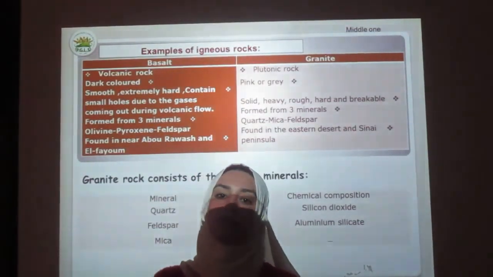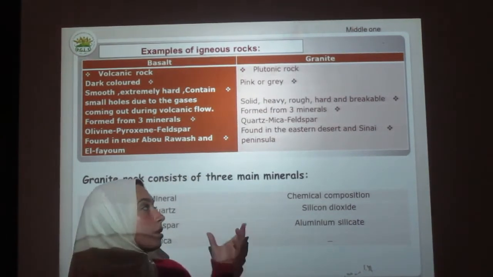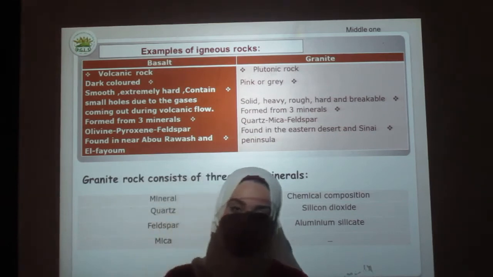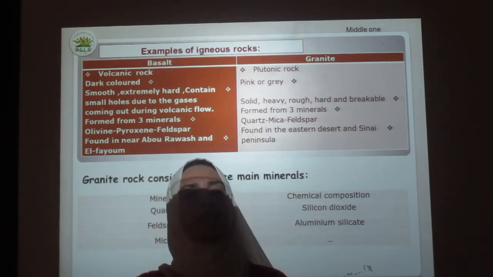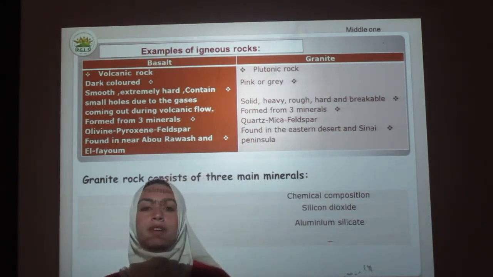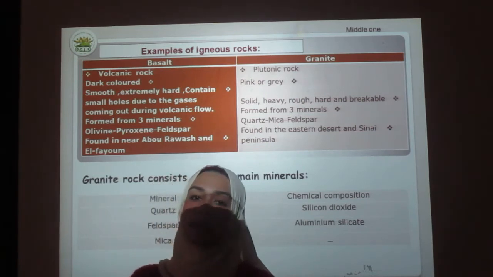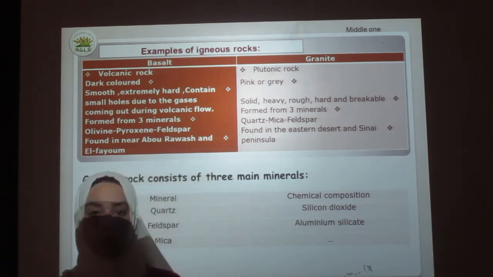Now we will continue lesson 3 in unit 3, which was talking about minerals and rocks. As we said there, we classify rocks into 3 types. We have igneous rocks, we have metamorphic rocks, and we have sedimentary rocks.